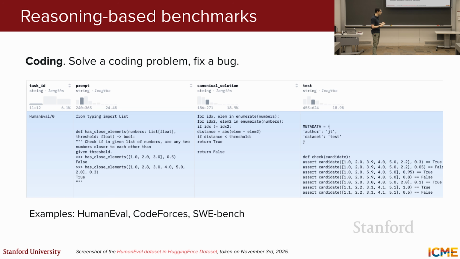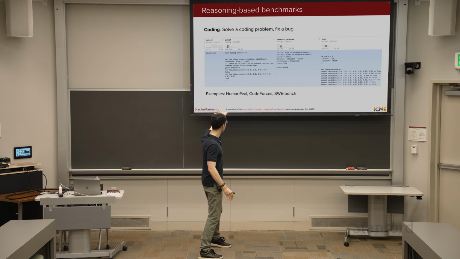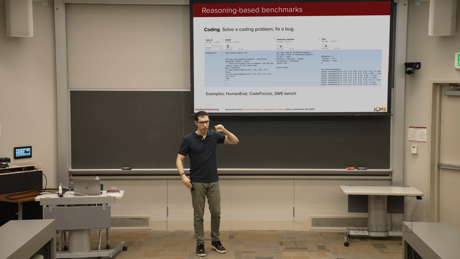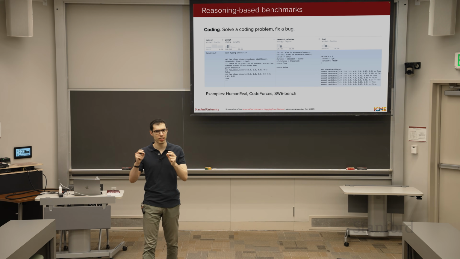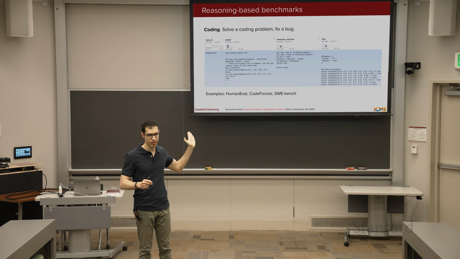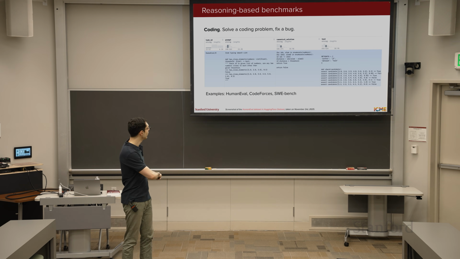And there is also SWE-bench, which is, I believe, a set of problems derived from GitHub issues. So these are real practical problems. You will see that these reasoning models in the reports typically have results on these benchmarks. So this is for coding.